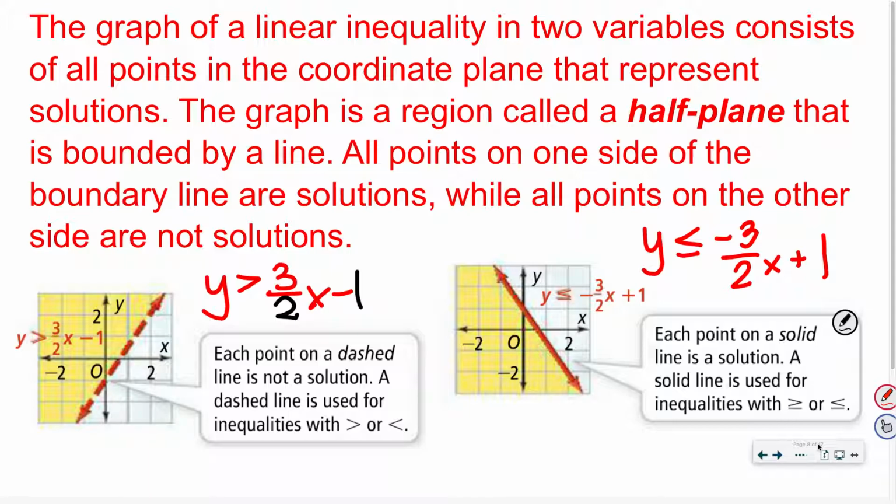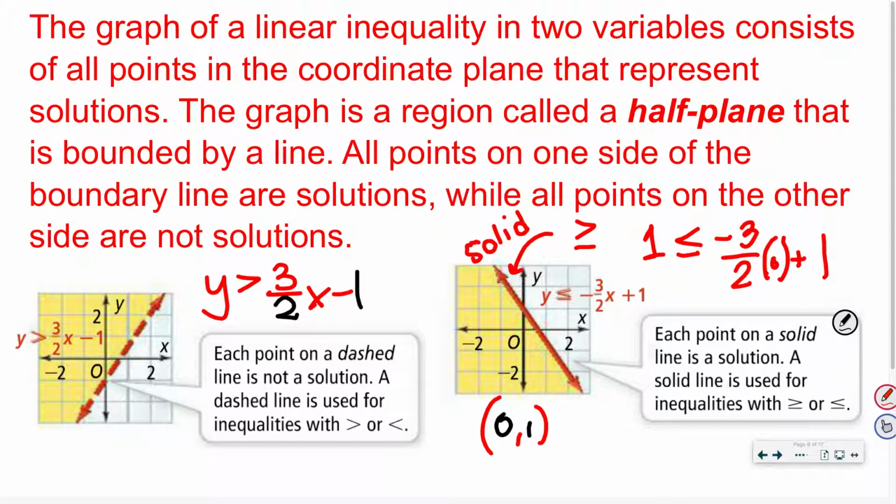The solid lines, they could be equal to? Yeah, the difference here is really the inequality symbol. This symbol here, less than or equal to, or this greater than or equal to, would be represented by a solid line. And what that means is any of the values that were on that line are solutions. For example, if x is 0 and y is 1, and I substituted that into this equation, that would become 0 here, and this would become a 1.